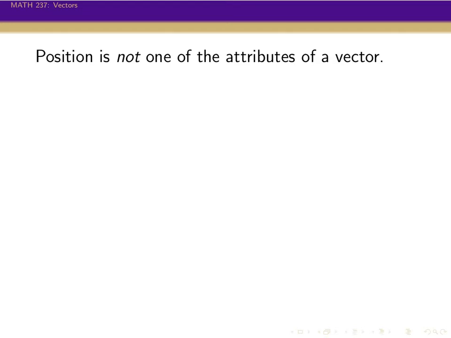Okay. So the attributes of a vector are magnitude and direction. Position is not one of those attributes.